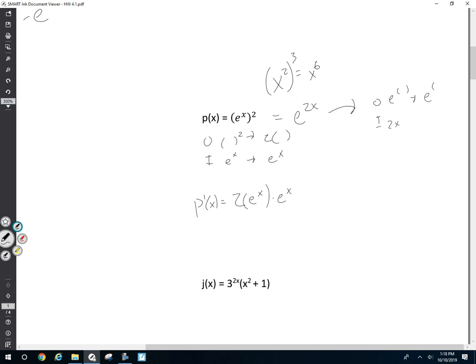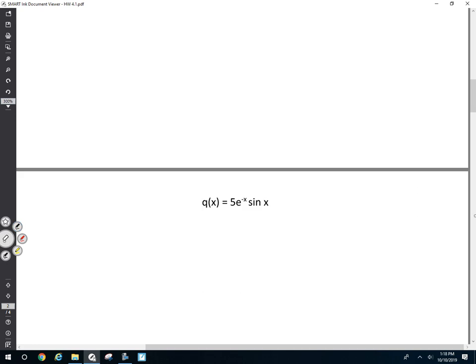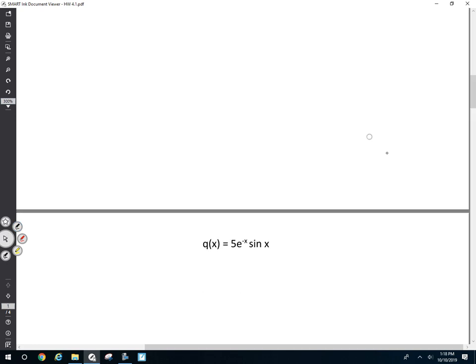You get e to the power times 2, or e to the 2x times 2. Well, e to the 2x times 2, that's not the same as e to the x times e to the x. It is. Remember, if you have x squared times x cubed, you'd have x to the 2 plus 3. Well, if I have e to the x times e to the x, it's e to the x plus x, which is e to the 2x. So two different ways to get that same guy.